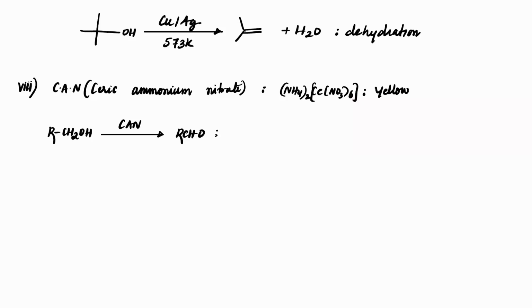While converting into an aldehyde, CAN changes color from yellow to red. So if there is a color change happening from yellow to red, that means this is an oxidation reaction. Got it?